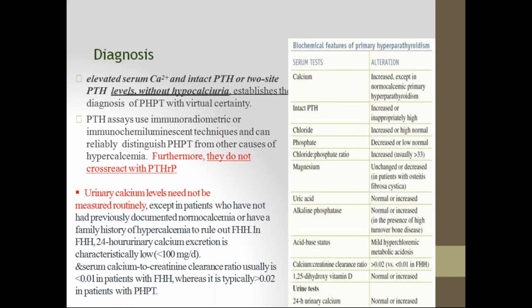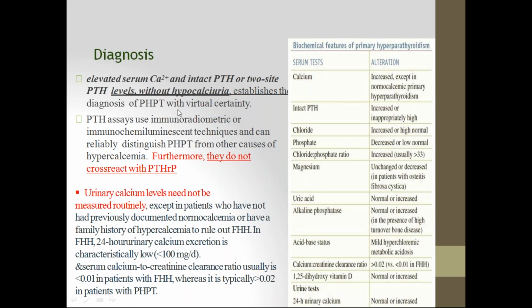So how will you diagnose? Elevated serum calcium and elevated intact parathyroid hormone levels without hypocalcemia establish the diagnosis of primary hyperparathyroidism. There may be elevated calcium with normal or increased parathyroid hormone levels, which can indicate primary hyperparathyroidism.